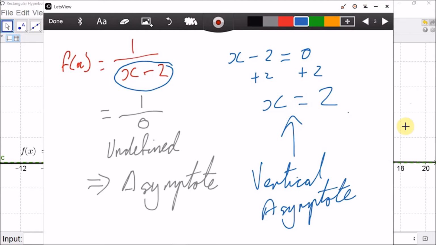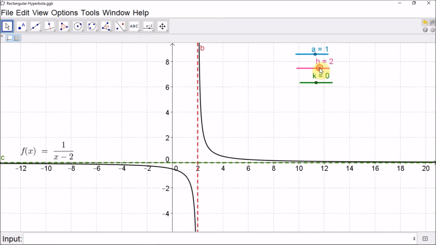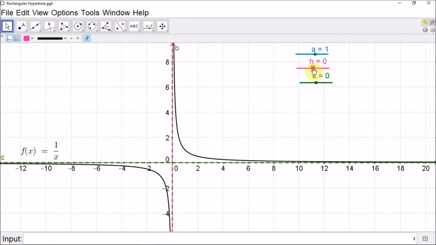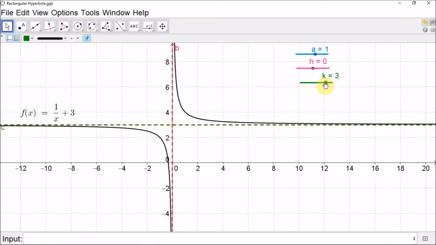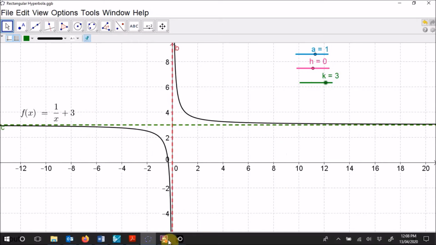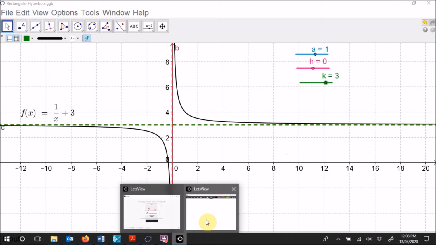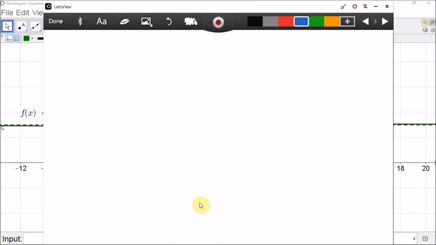Similarly, we go back here, I'll move that back to 0. If we have this k, I'll make that plus 3, and that moves it in the direction that we would normally expect. So if I come back here, do it in green because it's in green.